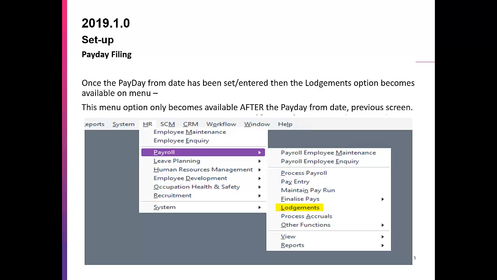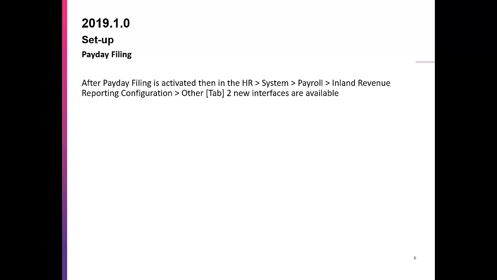There's that lodgement screen that's available. That will only appear after that date. As part of the upgrade, or in this release of Greentree, two new interfaces are available. The upgrade process puts these interfaces there. There is nothing you need to do, so this is for notation, if you like.